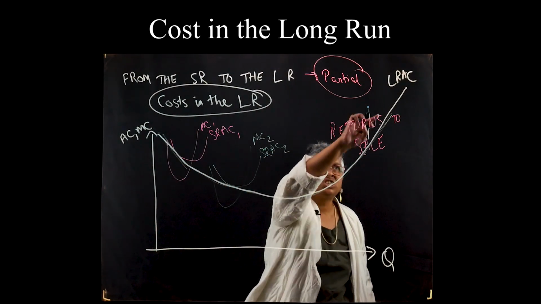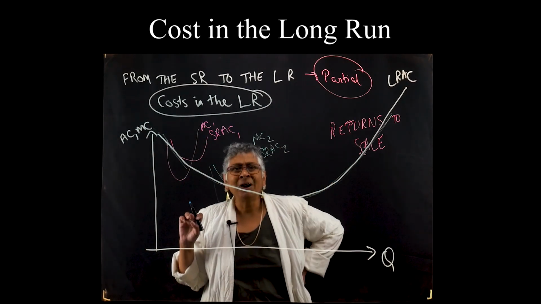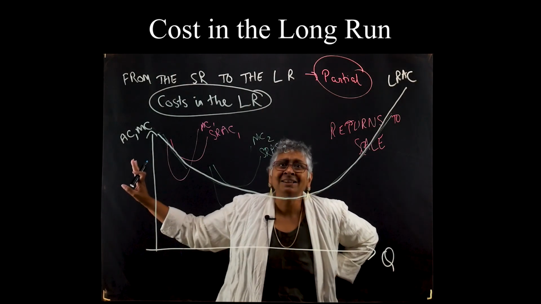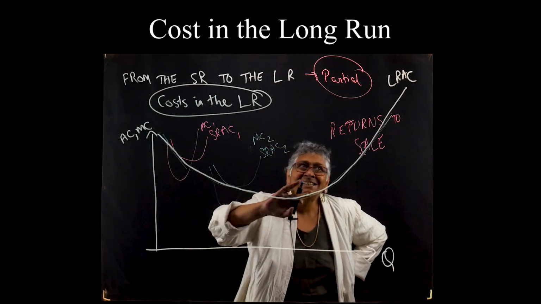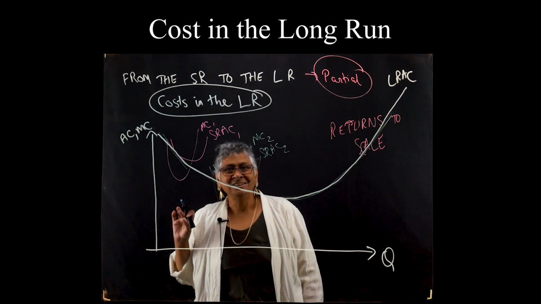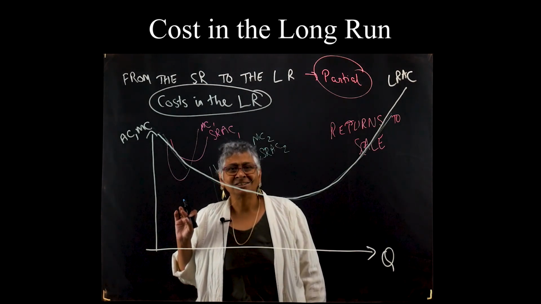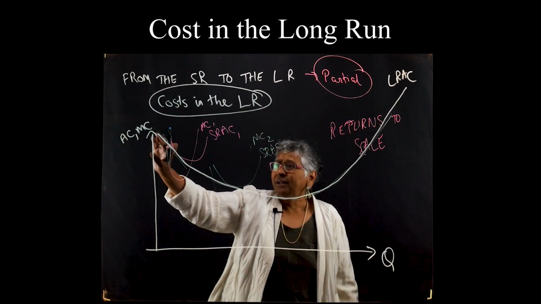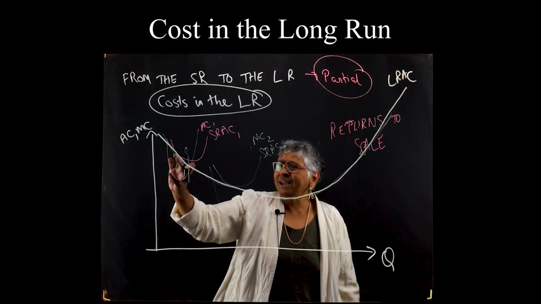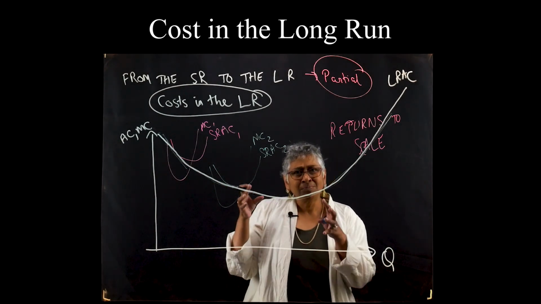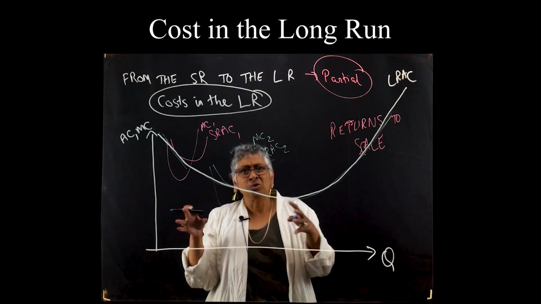What can I say about the shape of this? Why is it U-shaped? Now, it's not because of marginal productivity, because remember, that is a short-run concept. The idea is scale: increasing, decreasing, constant returns to scale. There is a point at which when I expand the scale of my production, instead of producing a teeny number of boats, I now go to mass scale.